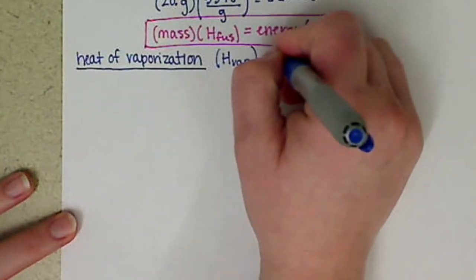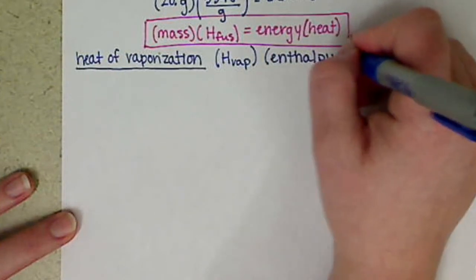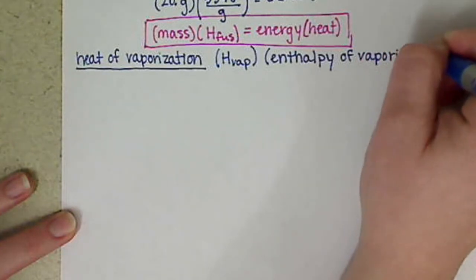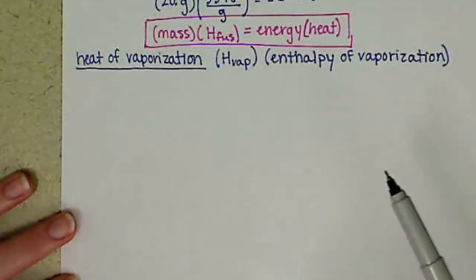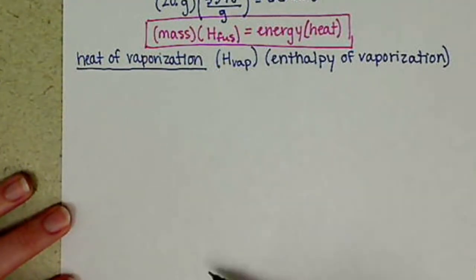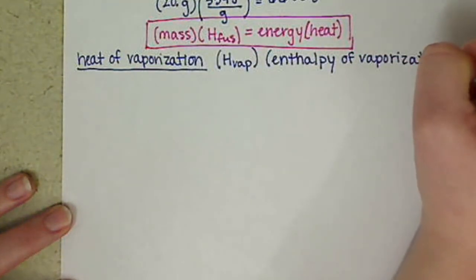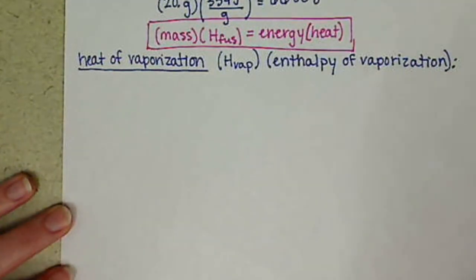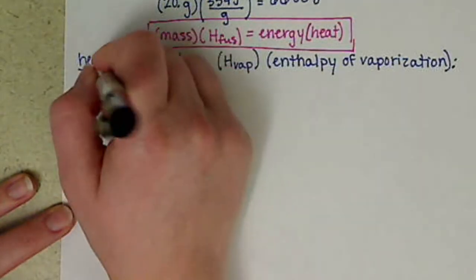It's called enthalpy. So the rest of the world calls this enthalpy of vaporization. It's basically the same concept as our heat of fusion. It's just going from a liquid to a gas. So this heat is the amount of energy required to vaporize something from a liquid to a gas.